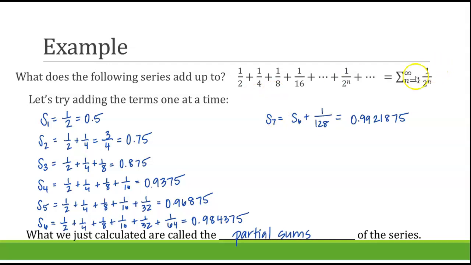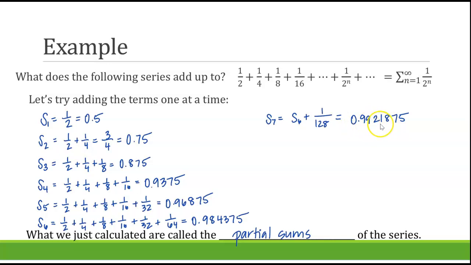What we just calculated here are called the partial sums of the series. It's not the complete sum. It's a partial sum. It's just part of the series. But what we've created is a whole other sequence. We've created a whole other list to analyze. So we can look at these outputs here, 0.5, 0.75, 0.875, and so on.